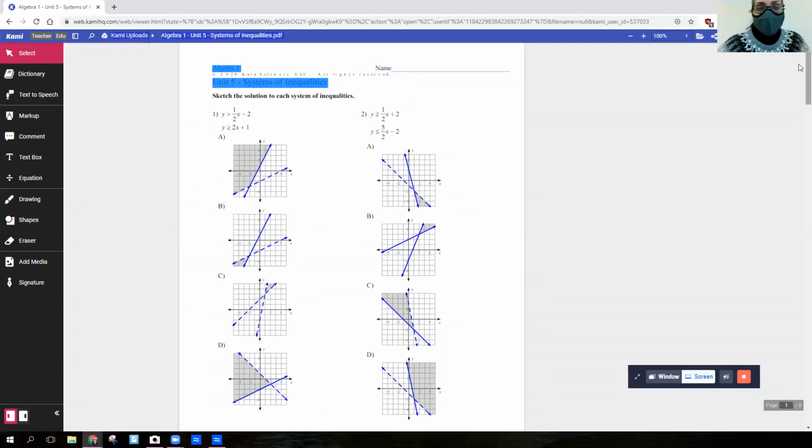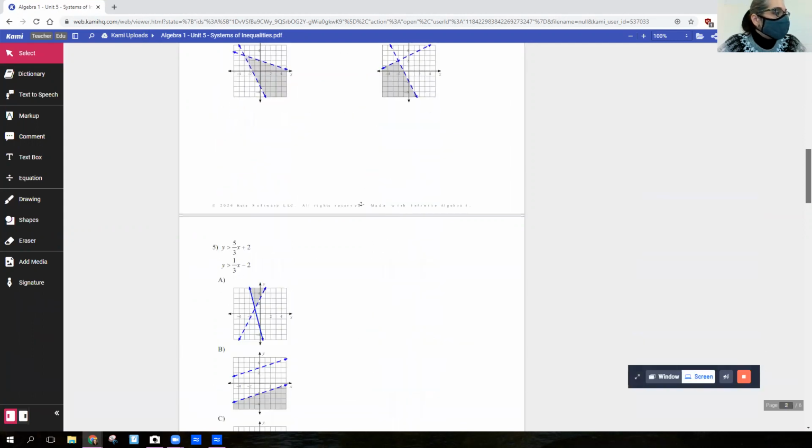That way you don't have to worry about having a piece of paper. You are just graphing these systems, so you'll need to open up a fresh new tab of Desmos to do the homework. You're gonna graph both of these in Desmos and then match your graph to your Desmos screen. And that's it. That's your homework for tonight.